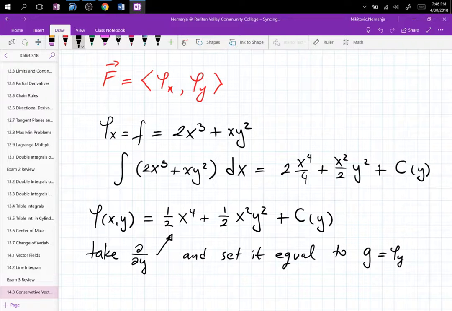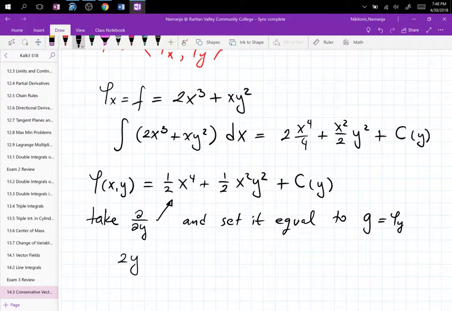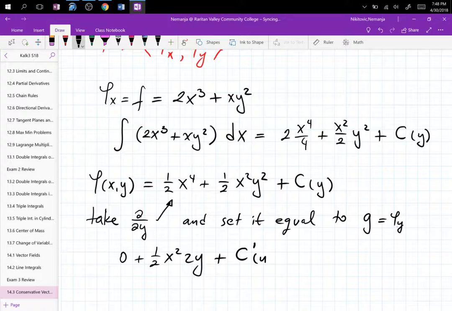You see that? So when I take the partial derivative of the top in y, 1/2 x to the 4th dies. The second one becomes 0 plus 1/2 x squared times 2y plus c prime of y, because I'm taking the derivative.